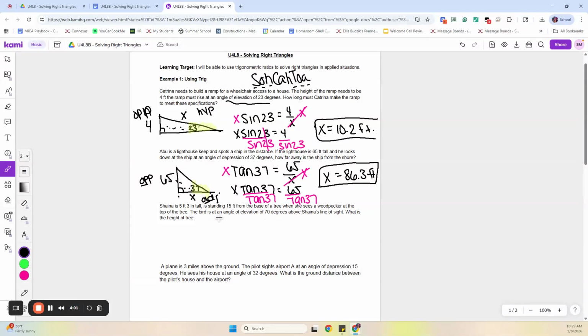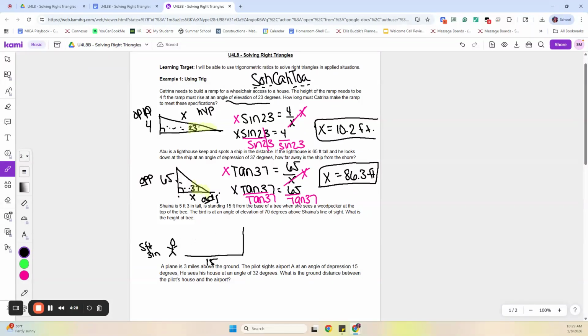So for this one, we have a situation here. So we have Shayna, and she's 5 feet 3 inches and is standing 15 feet from the base of a tree when she sees a woodpecker at the top of the tree. The bird is at an angle of elevation of 70 degrees above Shayna's line of sight.